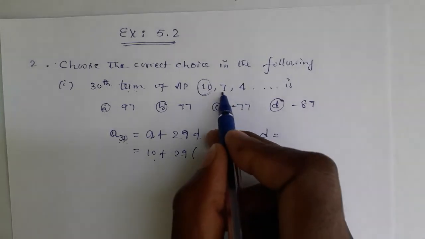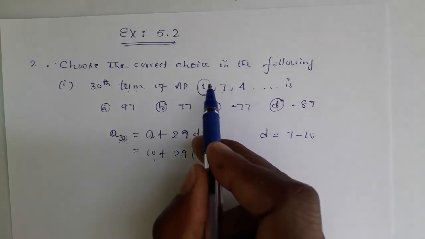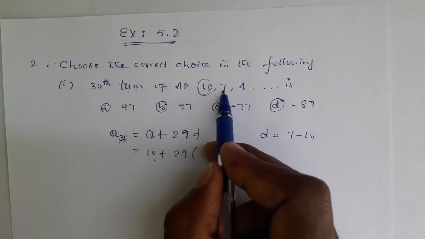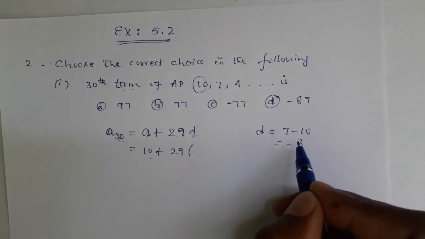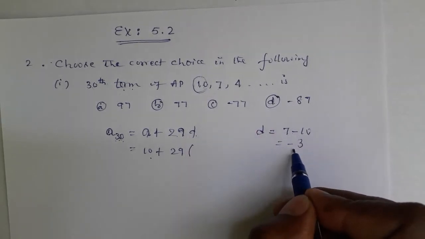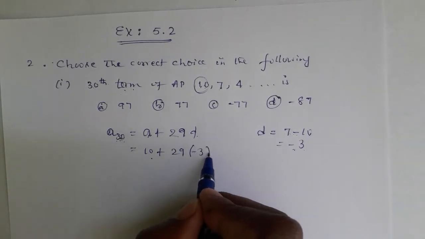Difference is always next minus previous, that means 7 minus 10, whether the next number is smaller or greater. 7 minus 10 is minus 3, because smaller minus greater leads to a minus answer. So we write D as minus 3.